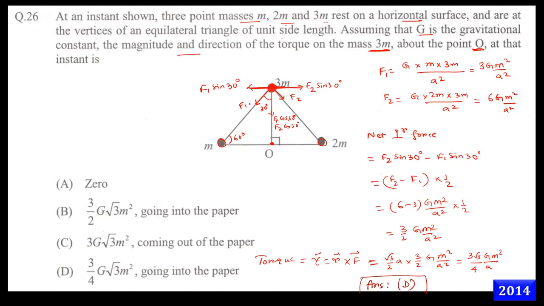If you take components of these two forces, you will get f1 cos 30, f1 sin 30, f2 cos 30, f2 sin 30. What is the value of f1, f2?